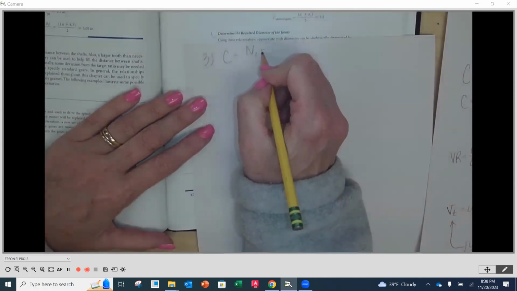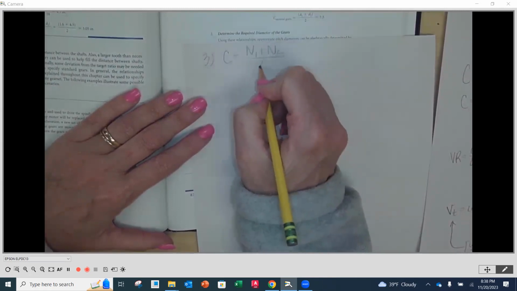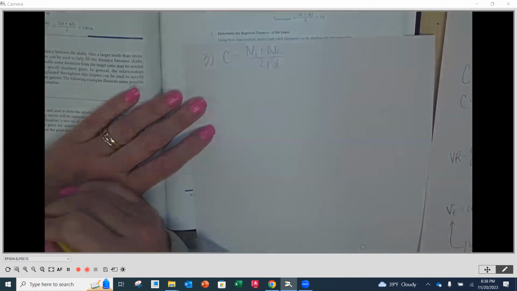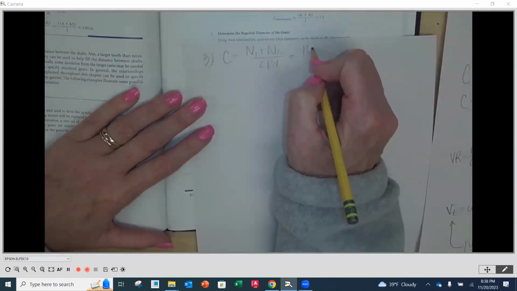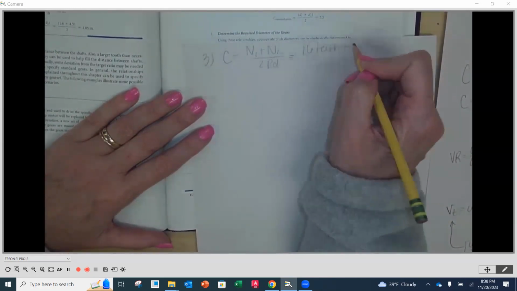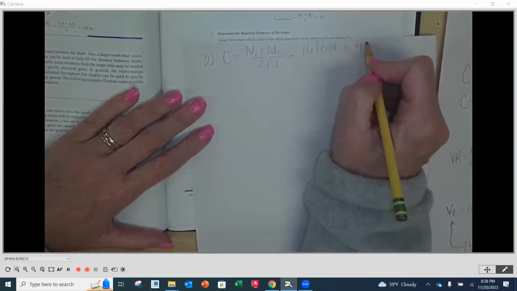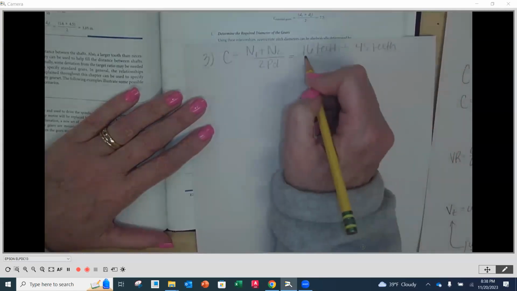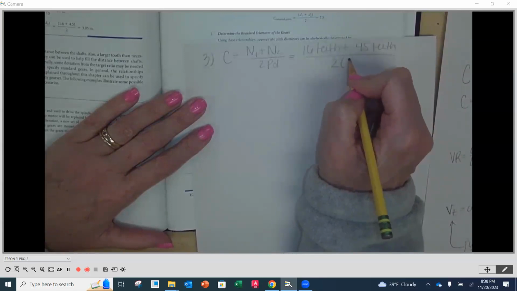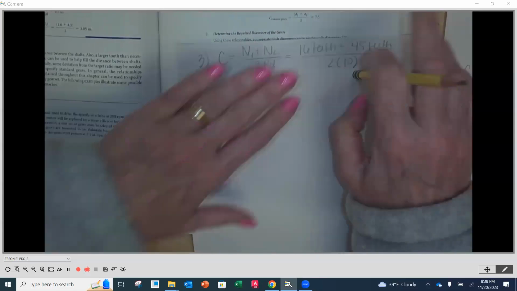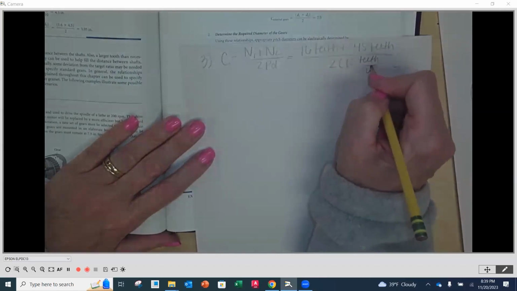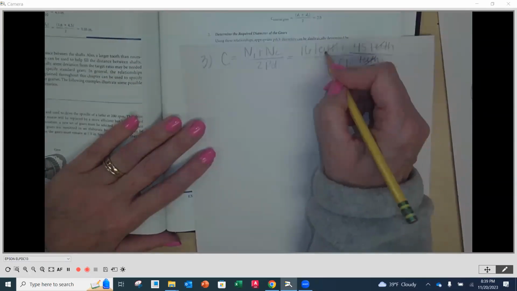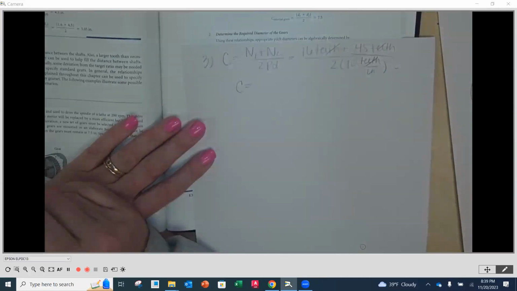So we can say N1 plus N2 divided by 2 times diametral pitch. N1 we said was 16, plus 45 teeth, divided by 2 times 10. And I should write my units in there, sorry. Teeth per inch, right? Teeth cancel top to bottom.